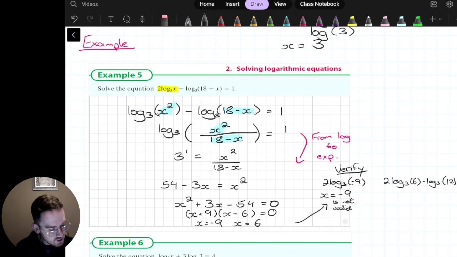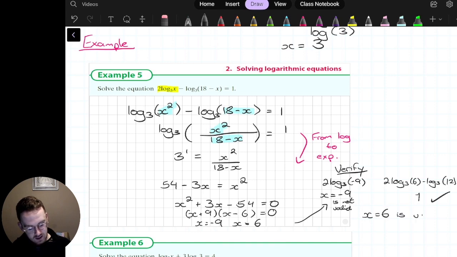And we can really type the whole thing into our calculator here and just see what answer we get. And we get an answer of 1. And that's what we expected. Okay, that's what it should be. So we're verifying our solution, so it should match the right hand side. So what that means for us is that x equals 6 is valid.